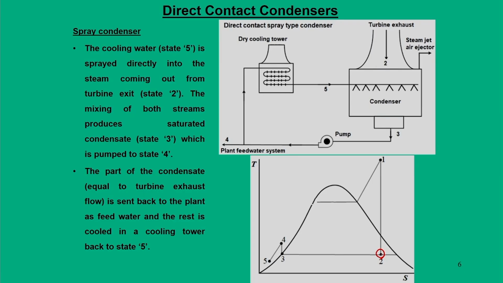The process from 2 to 3 happens in the condenser. Through this heat release, the vapor becomes liquid at that saturation pressure and temperature, and we reach state 3, the condensate collected from the outlet of the condenser unit.